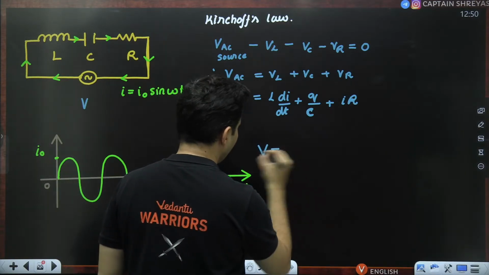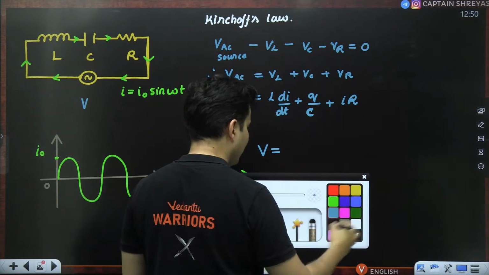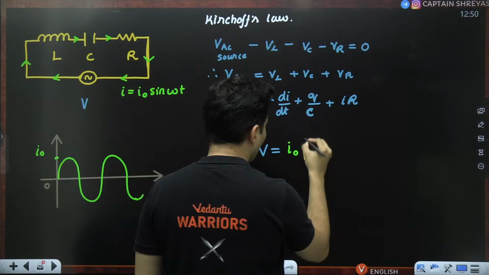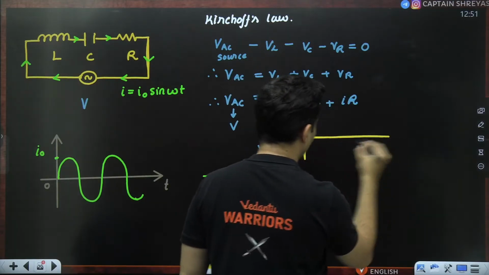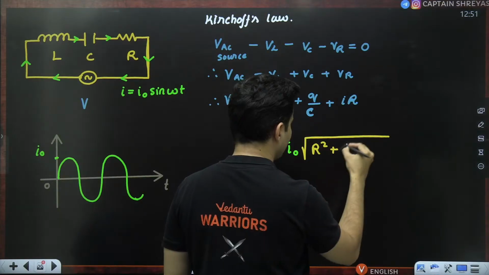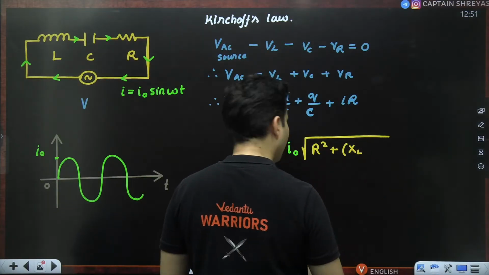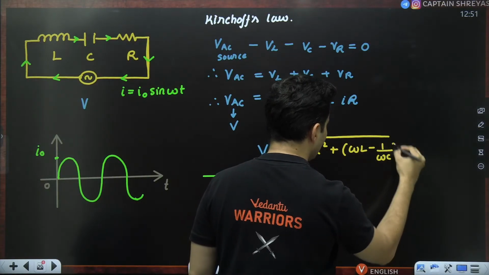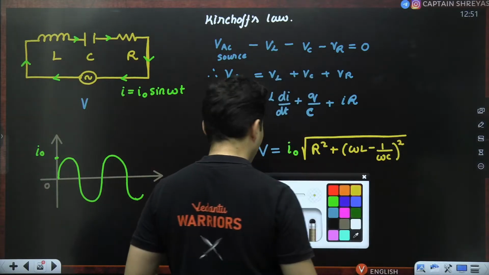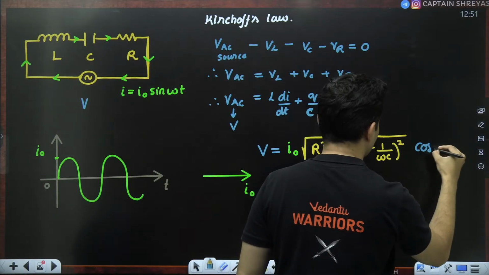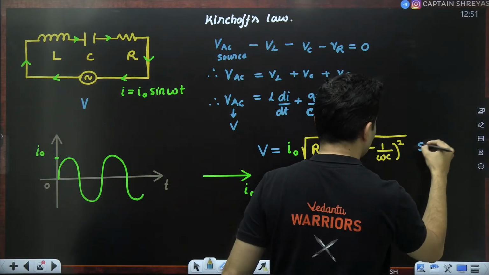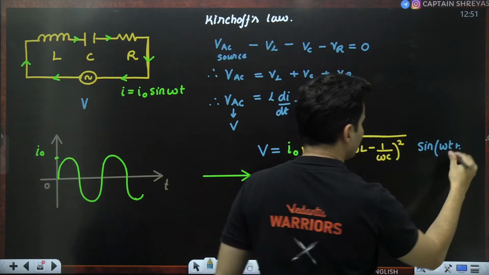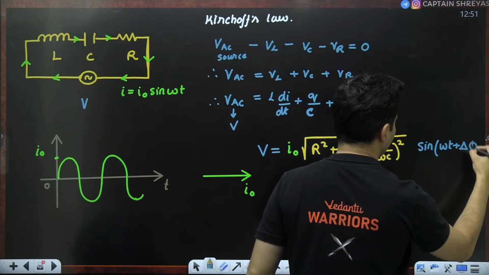This voltage will be nothing but the current I naught into root of R square plus XL minus, or if you want I can write omega L minus 1 by omega C, this thing square, and here you get sine omega t plus some delta phi.